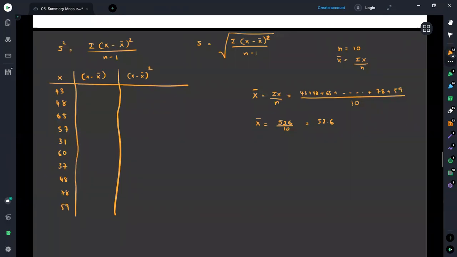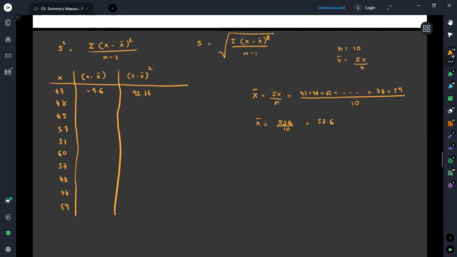So we take 43 minus 52.6, which gives minus 9.6. The square of this is 92.16.